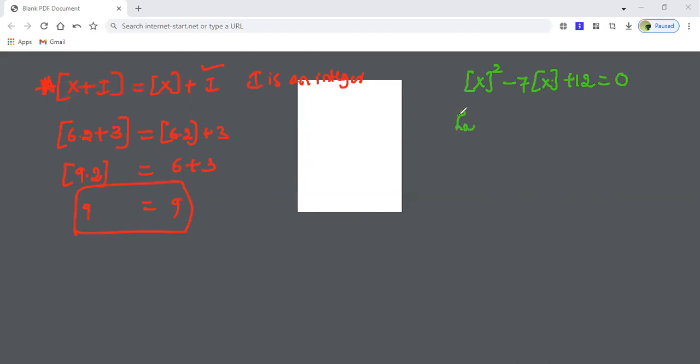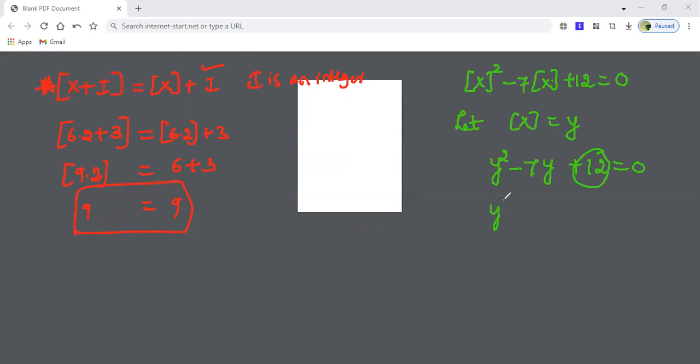Now what we do here: let the greatest integer of x be equal to y. If you take this, then what will this equation become? It will become y squared minus 7y plus 12 is equal to 0. So here after multiplication I should get 12, and after addition or subtraction I should get minus 7.